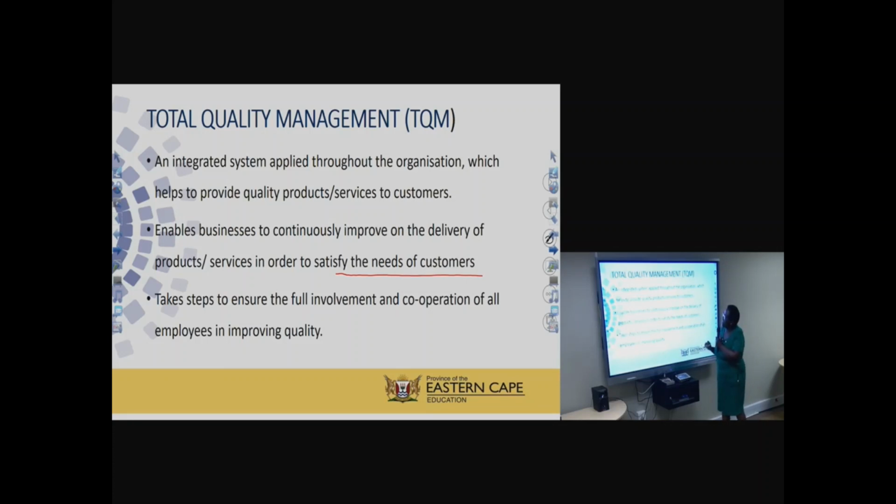So businesses have to ensure that they meet the quality, they meet the expectations of the consumers. They are able to take steps to ensure full involvement of all employees to improve the quality. You improve the quality continuously. You don't improve it once. That's why you are having total quality management.